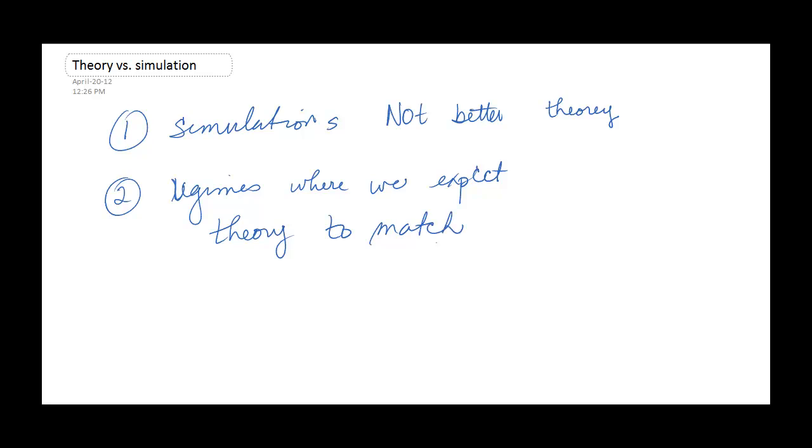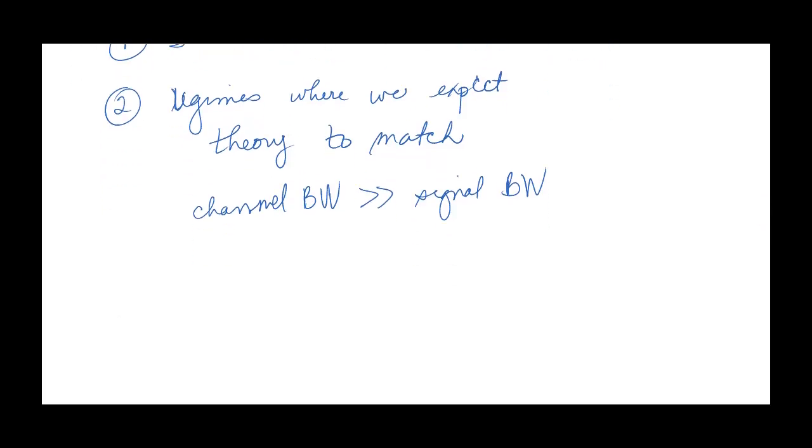This is going to be when the channel bandwidth is much greater than the signal bandwidth. So the signal has lots of space, and in this case we expect that the theoretical calculations we've made will be accurate. So that's something that you can check. And then we would expect deviations when this is not true. In fact, that's why we do simulations, to find out what these variations are.